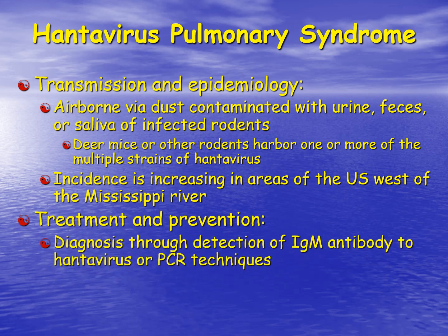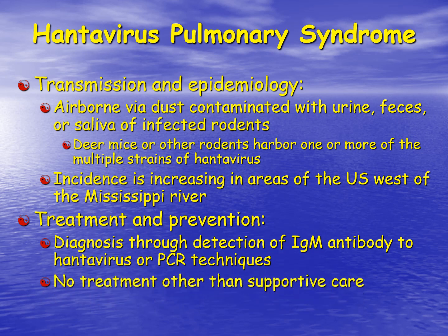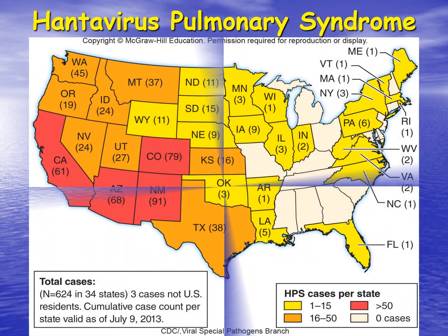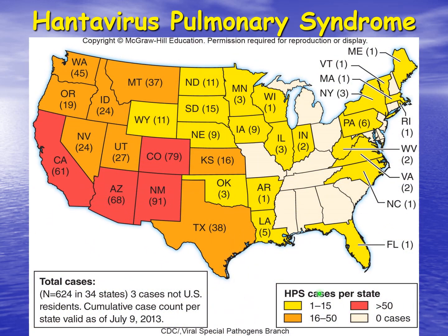Treatment and prevention, diagnosis through detection of the hantavirus using IgM antibody or PCR techniques has actually been used for diagnosis. And really there's no treatment other than supportive care. So we can see that this has actually been the cases, and this was valid as of 2013, so a little bit dated.